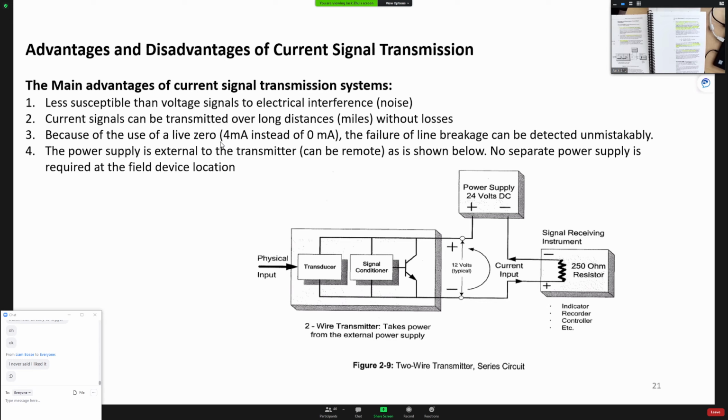So the current signal, this is a big advantage, uses 4 milliamp as the 0 point. The power supply usually is external to the transmitter, and once you have a power supply down here, all the other devices can work together with only one power supply.